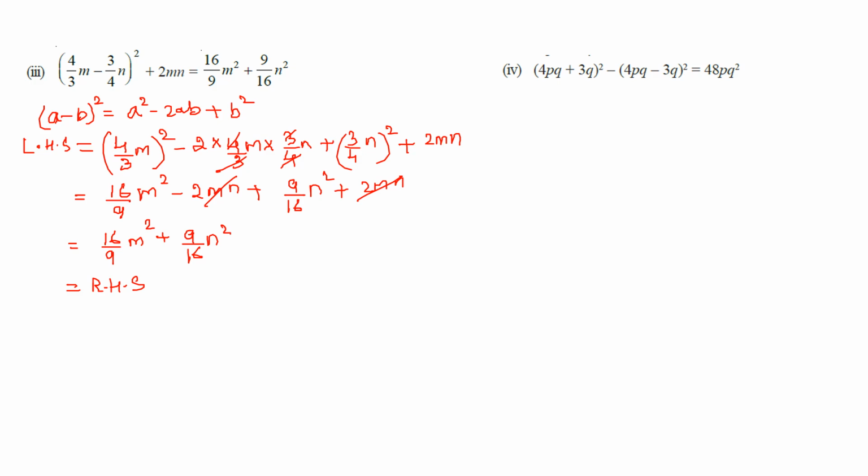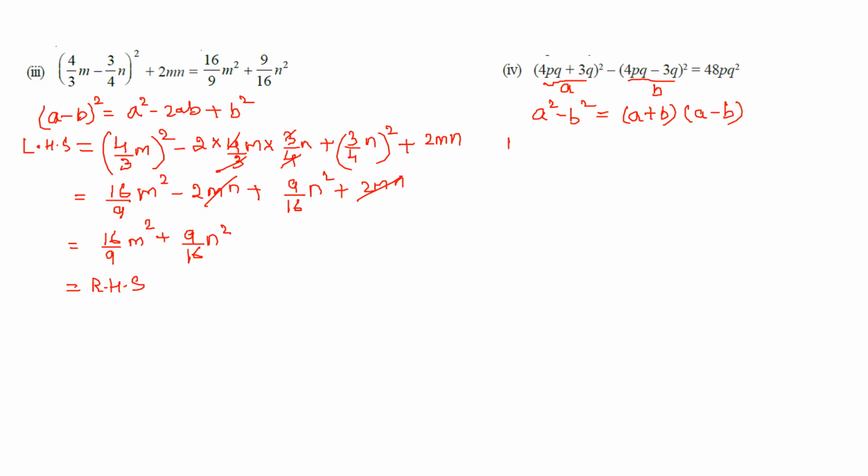Now fourth question. Here it is (4pq plus 3q) whole square minus (4pq minus 3q) whole square equal to 48pq square. So here if I assume this as a and this as b, it will become a square minus b square, isn't it? A square minus b square, which is equal to (a plus b) into (a minus b).